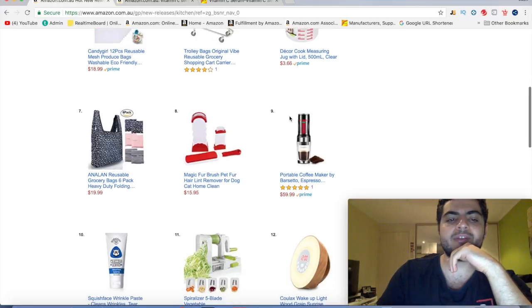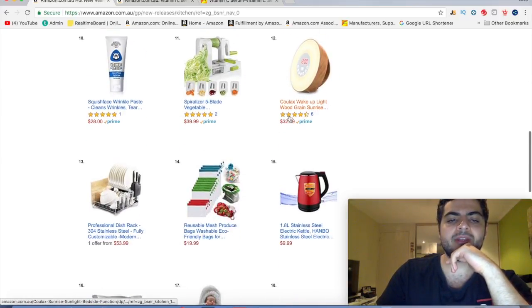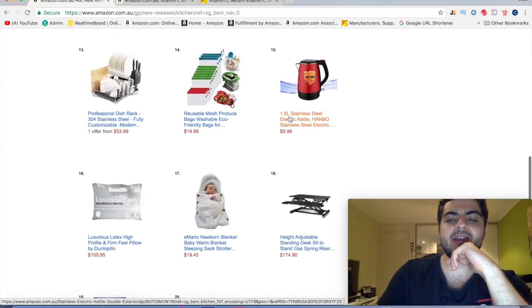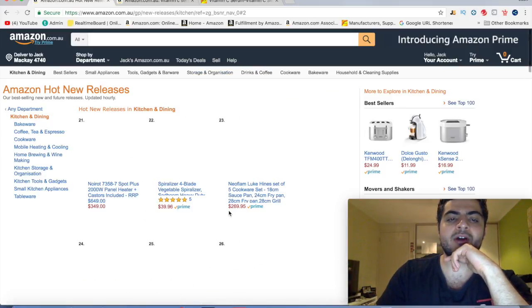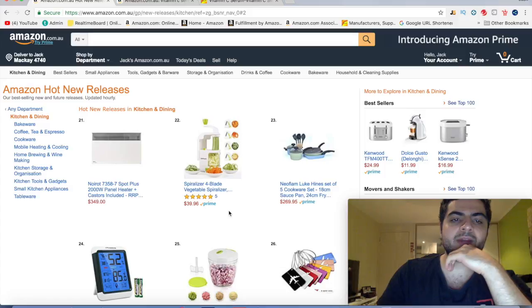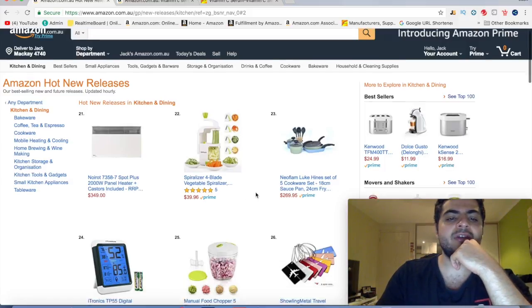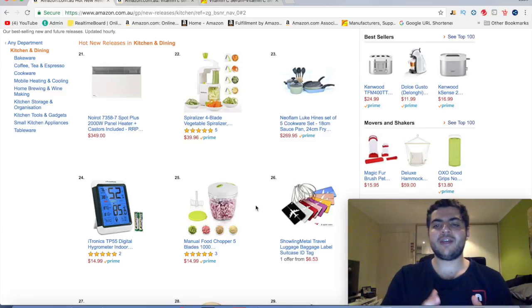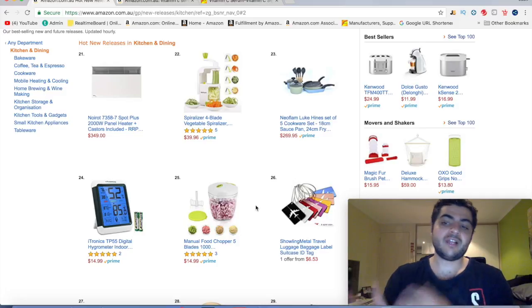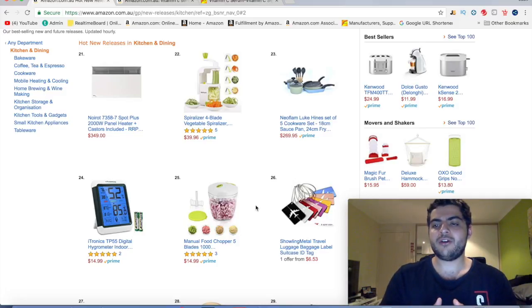So what we're looking for is something small and light, something that looks cheap to source but has a good profit margin. So usually sells for a good price. Maybe look for around $20, $25, maybe a bit cheaper. It just depends on how much you can source it for, because you can have a product that you can sell for $50, but it might cost $10 per unit.